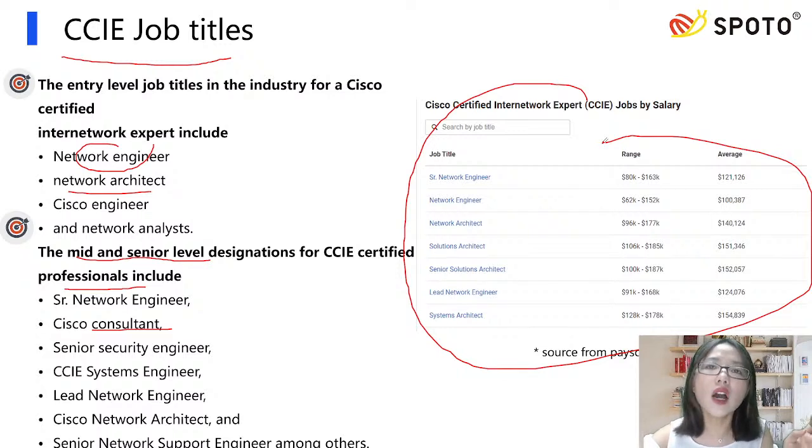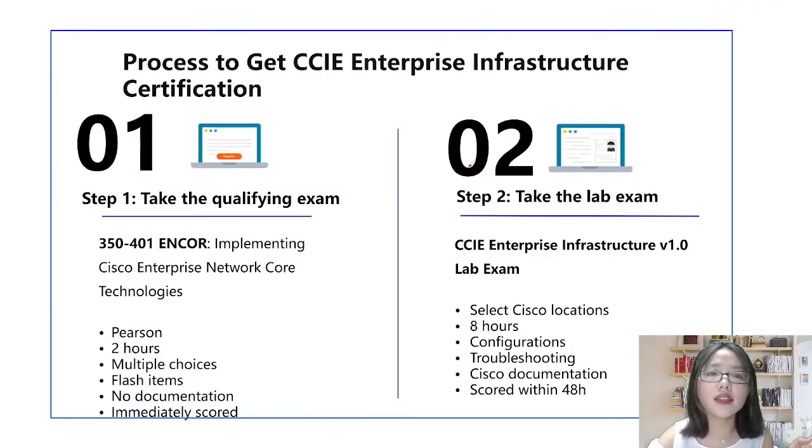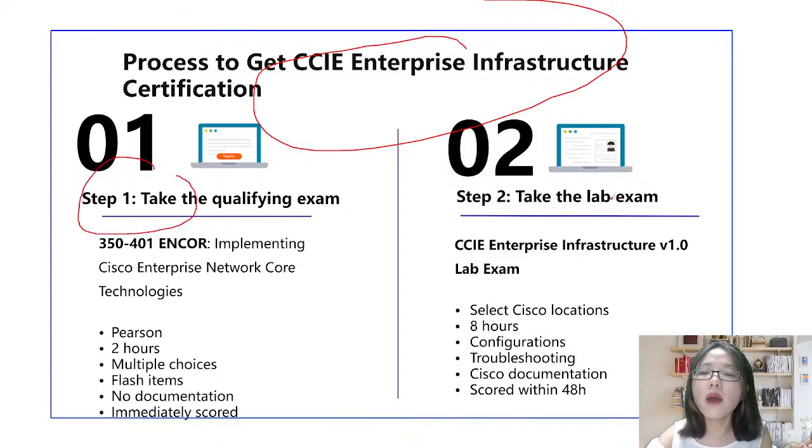So let's go to the next part, how to obtain the CCIE certification. You need to pass one core exam and one practical lab exam. Let's move to the CCIE exam overview first. To get the CCIE Enterprise Infrastructure certification, you have to pass two exams. One is the CCIE written exam.